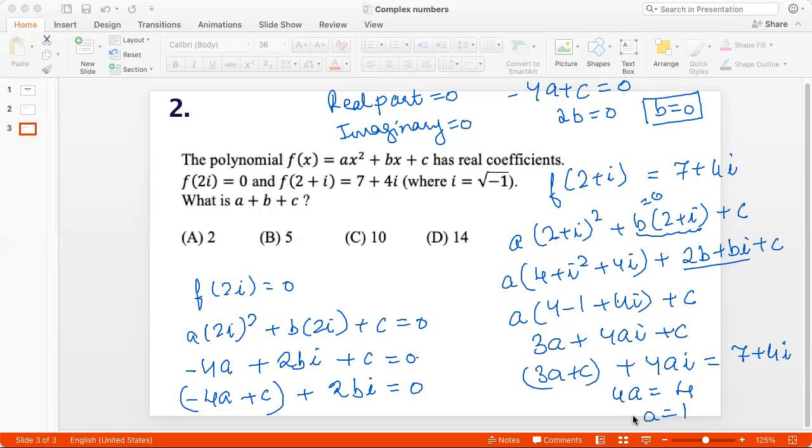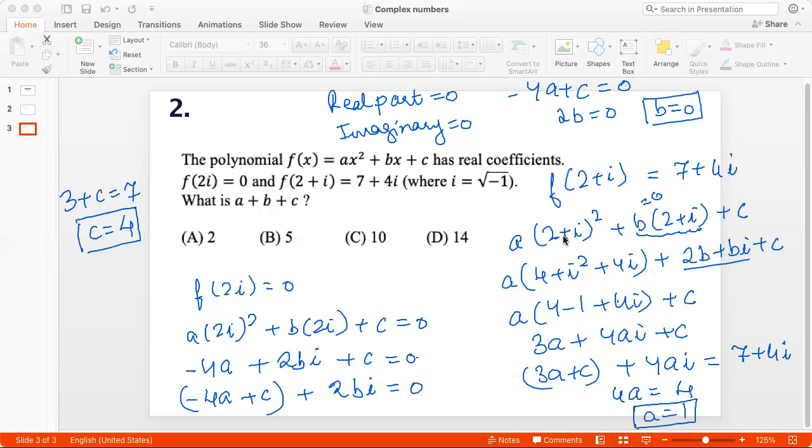So a is 1. Now, if a is 1, then 3 plus c should be 7. So c should be 4. And you can see here that it also satisfies this equation. Minus 4a would be minus 4 plus 4, and that's 0.